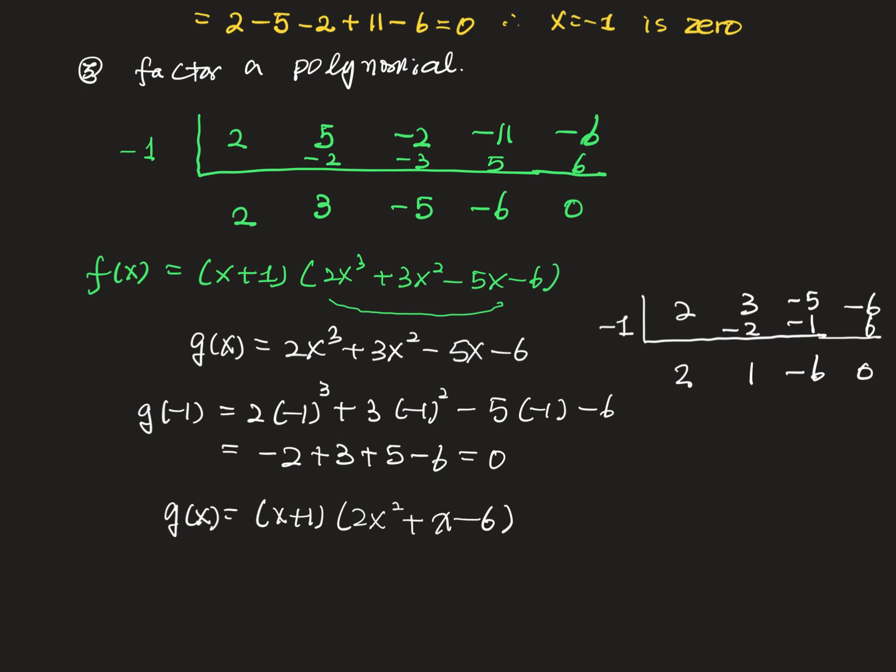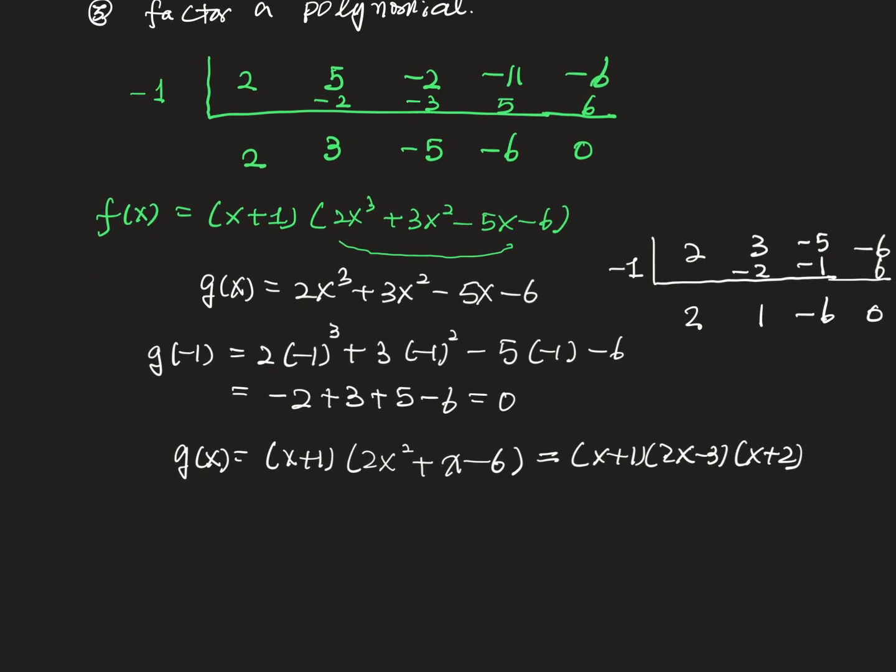Can you factor this one? Then you're going to have x plus 1, 2x minus 3, x plus 2. That's the g of x factored. Now, finally, we have f of x: x plus 1, g of x, x plus 1, 2x minus 3, x plus 2.